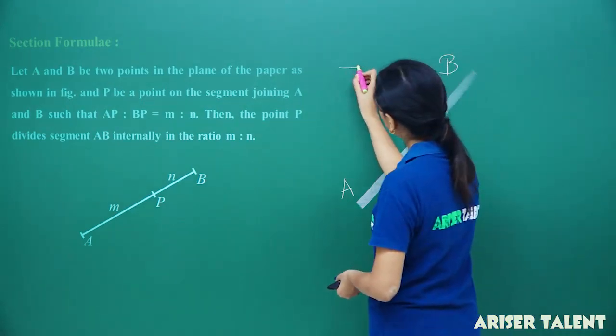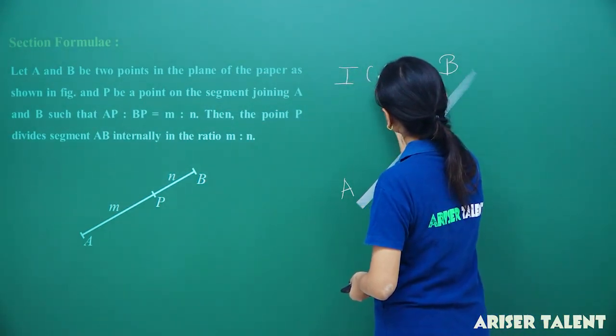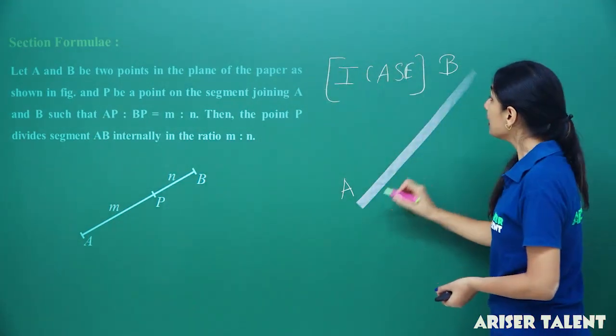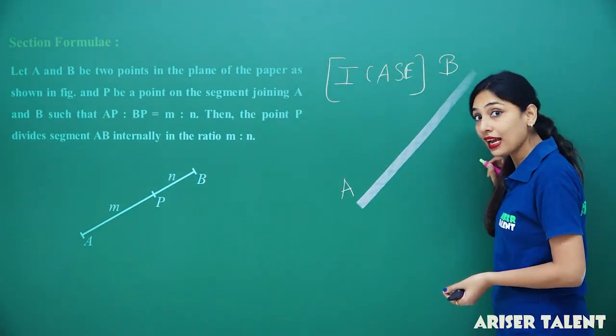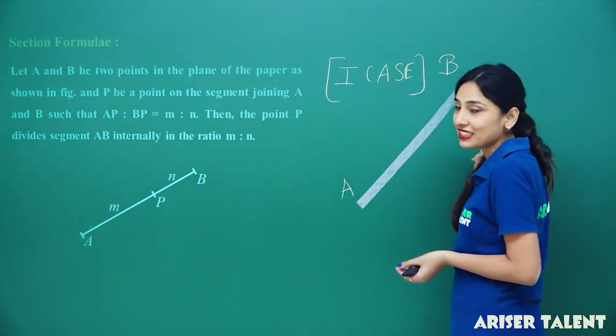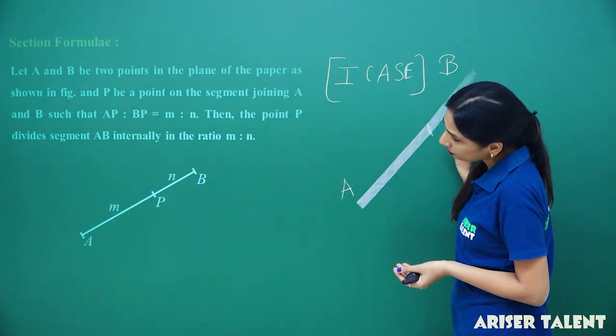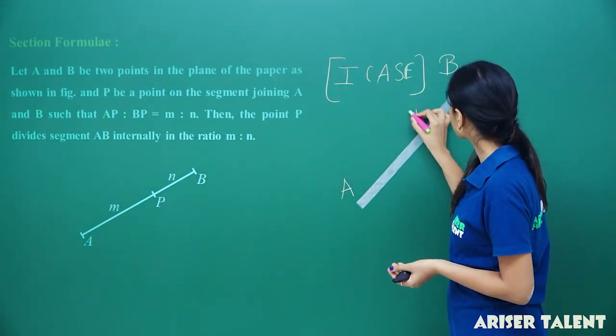That's the first case. This AB is a line and I'm having a point here. This point is, let's suppose, P.